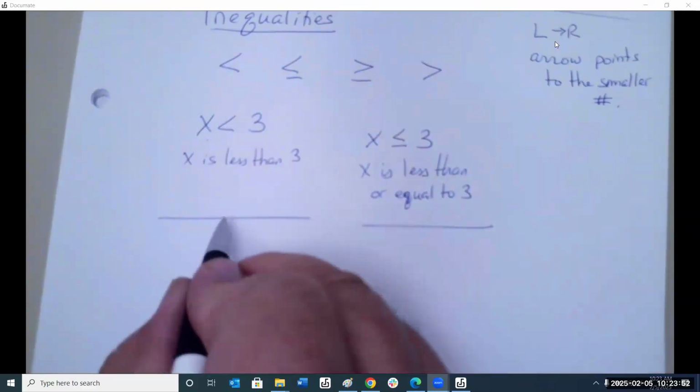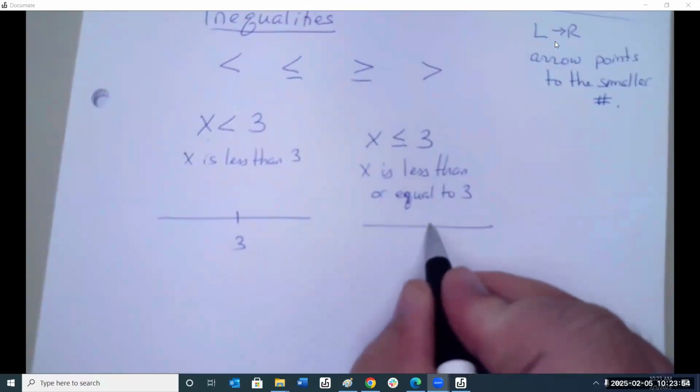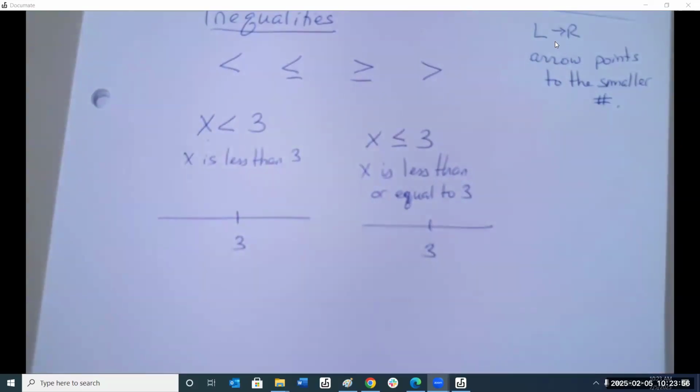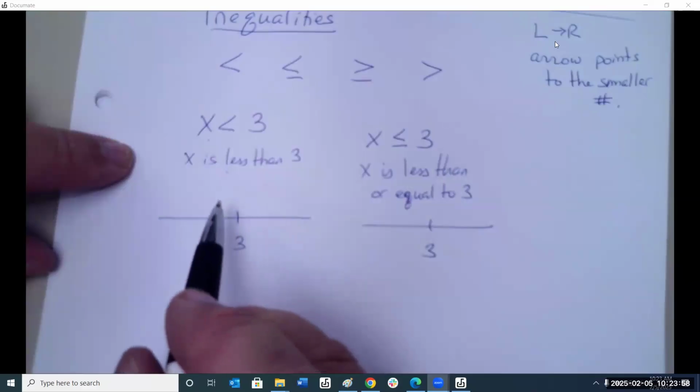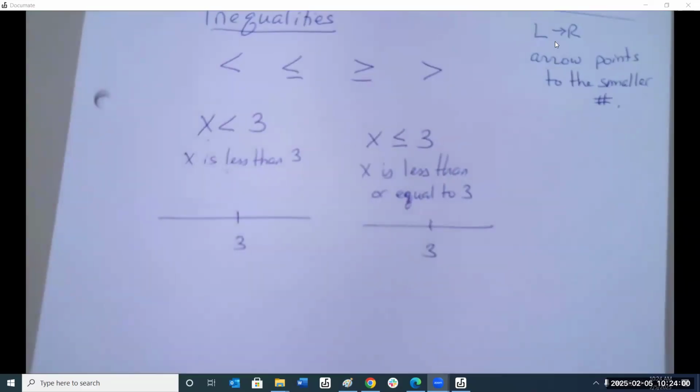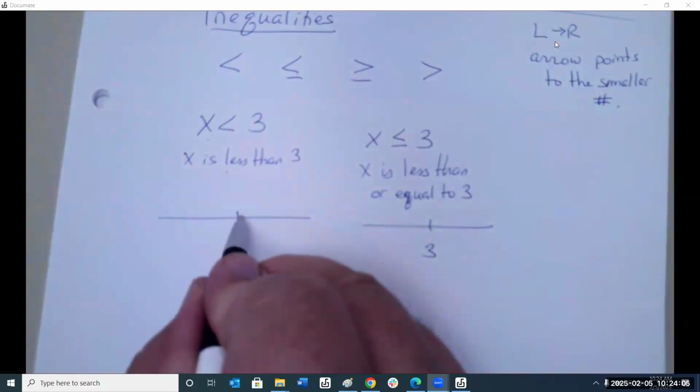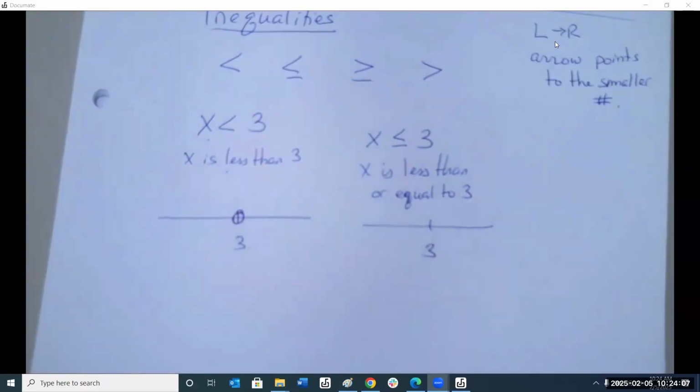If we were going to look at these as a graph, here's 3. X is less than 3. Can we use 3? No. So it's an open circle at 3. We can't use it. We get infinitely close to it, but we can't use it.